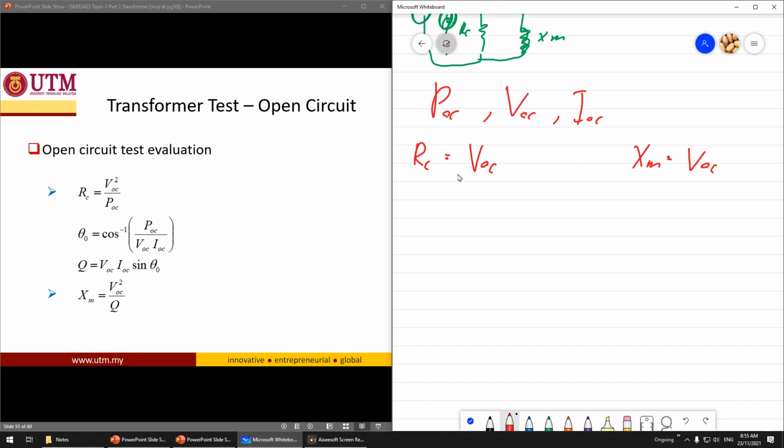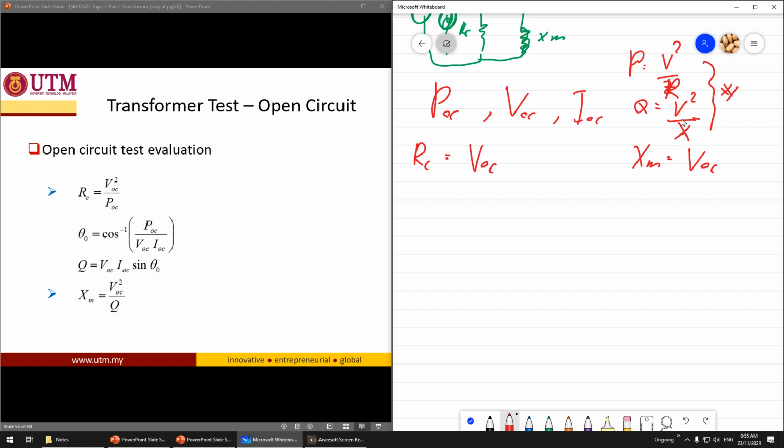If you recall the formula, P equals V squared divided by R, and Q equals V squared divided by X. Make sure you know why: resistance only absorbs the real power, the actual power, and reactance only absorbs the Q power.